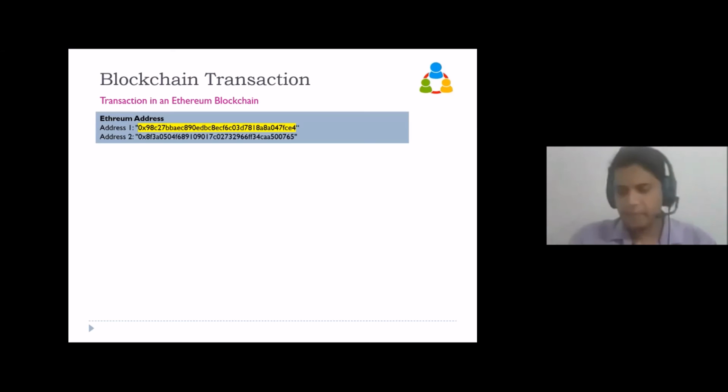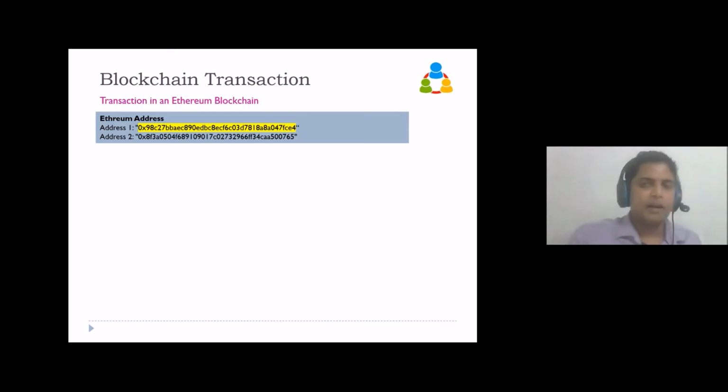The Bitcoin addresses are base 58, which uses 52 letters and 8 numbers, excluding 0 and 1, because they get confused with I and O. There will be confusion between capital I, small l, and 1, so those values are eliminated from Bitcoin addresses.